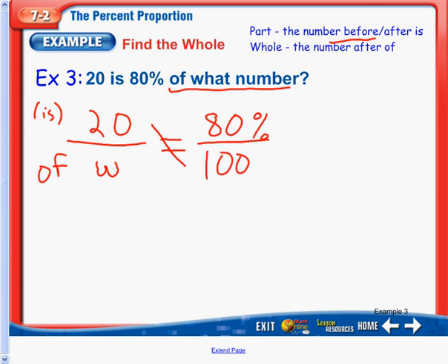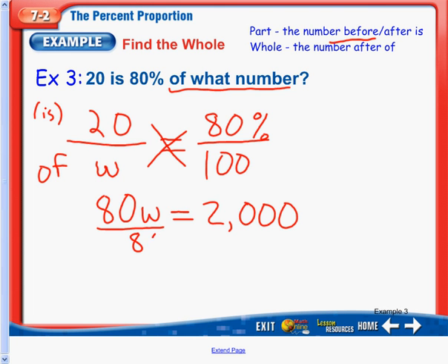Now we are ready to cross multiply. 80 times W will give us 80W. And that's going to be equal to 100 times 20, which is 2,000. Now we're on step 3, which is divide. Anytime we cross multiply, you typically need to divide unless our coefficient is 1.